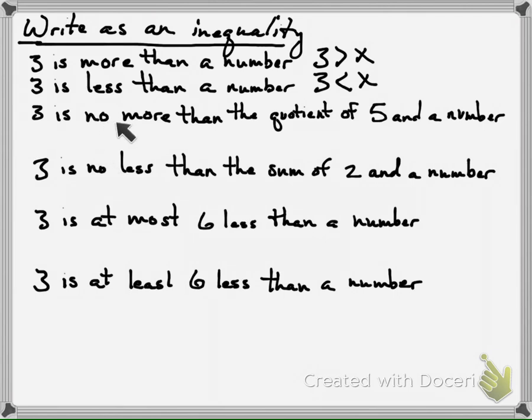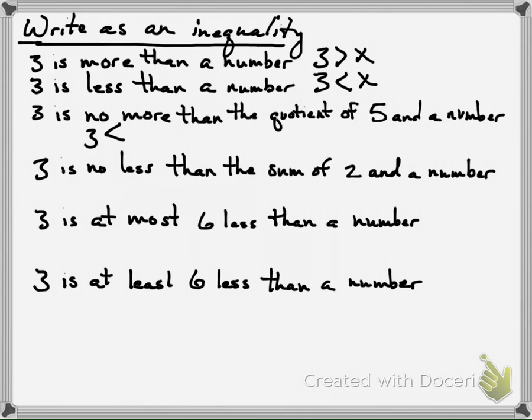3 is no more than the quotient of 5 and a number. Okay, well, I know I'm going to start off with 3, right? We can at least throw a 3 in here. So if it's no more than, it'd have to be less than, right? It's no more than. Could it be equal to also, though?